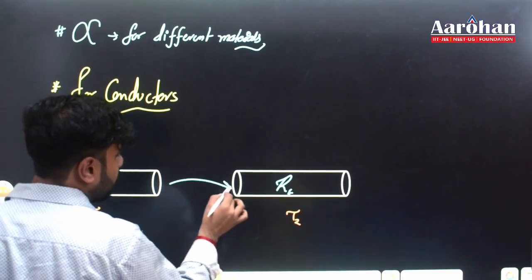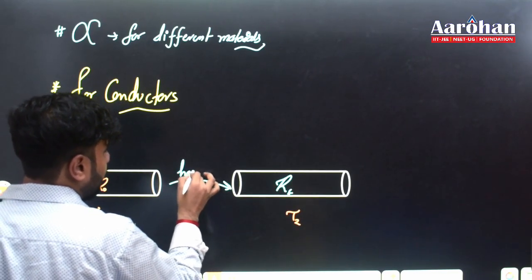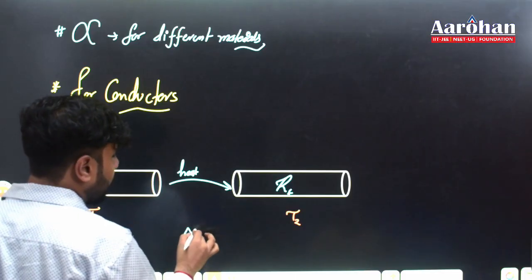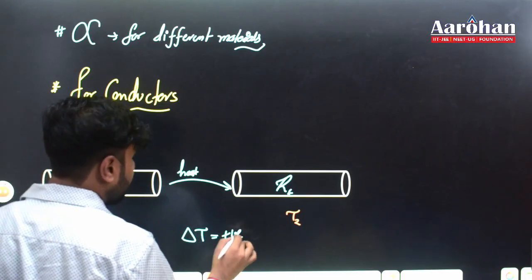If we increase the temperature, means we provide some heat, here delta T is coming out to be positive, right?